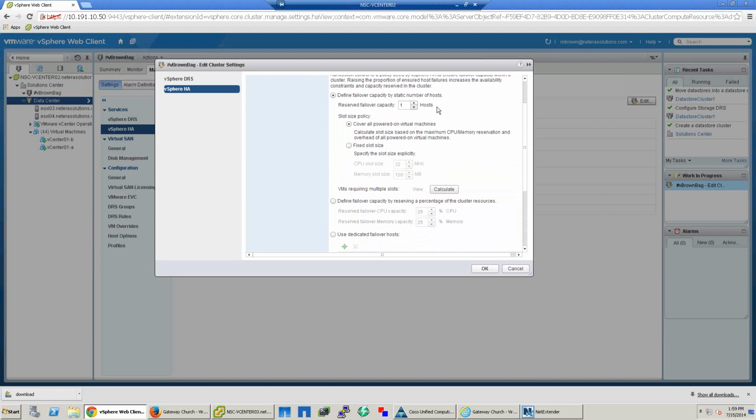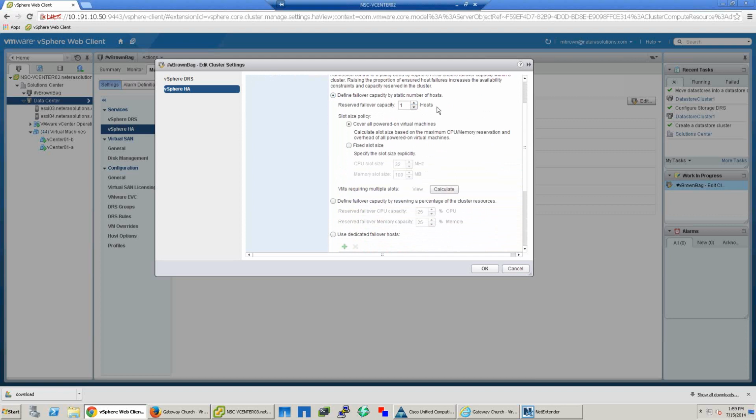right? Before, in the early slides, we talked about reservations. And reservations greatly affect your slot sizes, because slot sizes are calculated by using essentially the largest reservation of a particular resource plus its overhead to run.